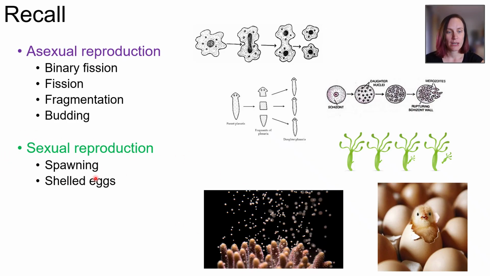So we've got spawning, basically putting out eggs and hoping that someone is going to fertilize them. We've got shelled eggs, we've got live young, which makes sense to us, and also parthenogenesis, which is a pretty funky way and is sometimes known as virgin birth of live young, and this is very, very rare. It's a bit of a strange grey area between sexual and asexual though.